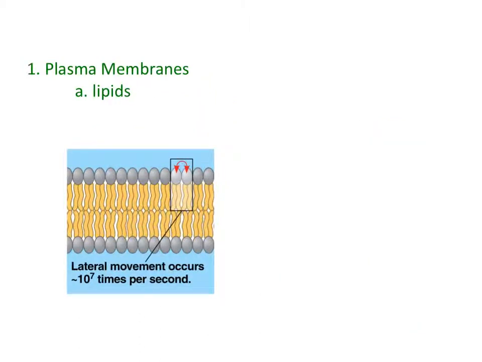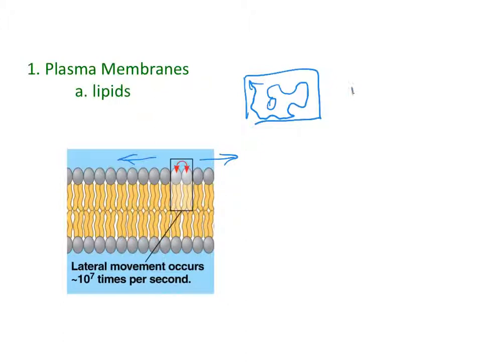When you look at the phospholipids in a bilayer, they are constantly shifting around. Any one is kind of rotating. If you're looking at a sheet, basically looking at the head of one phospholipid, it will be migrating around that sheet.